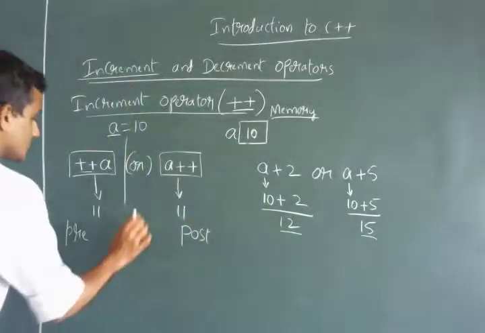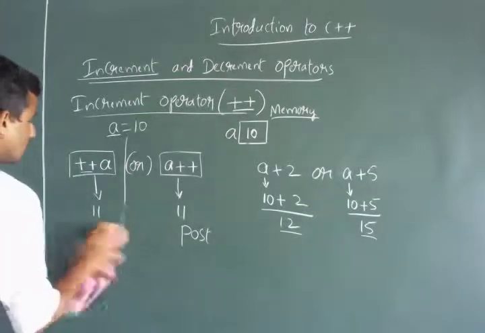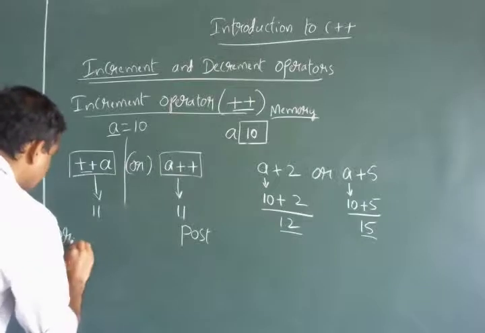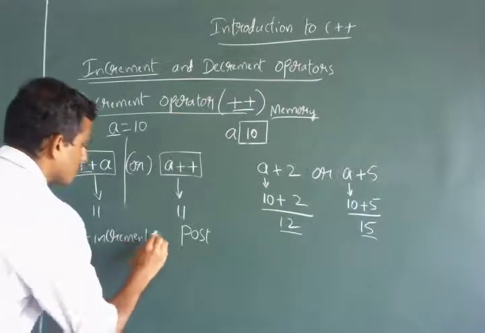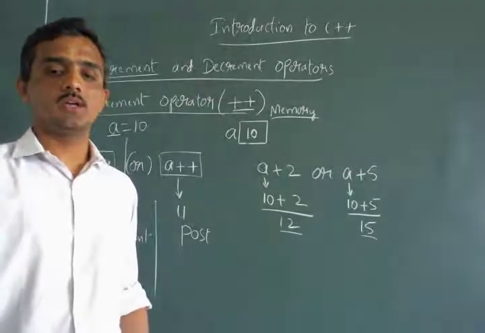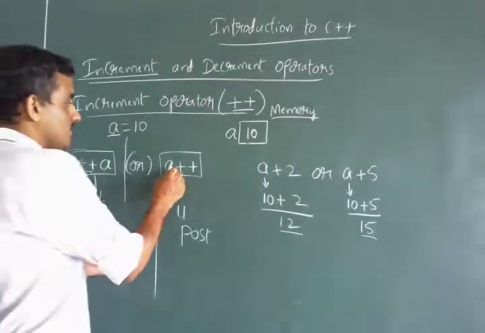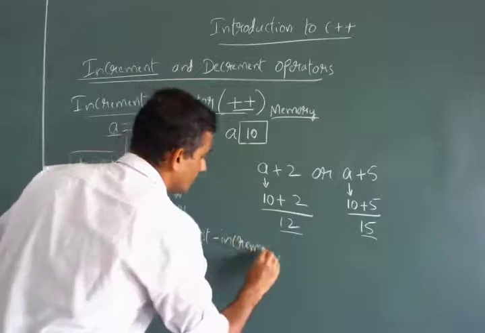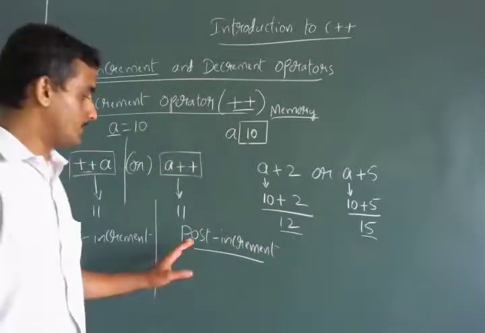So whenever I put it before the variable, this concept is the pre-increment concept or process, pre-increment method or pre-increment operator. When we put ++ after the variable, this concept is called the post-increment process or post-increment technique or concept, whatever you can say.